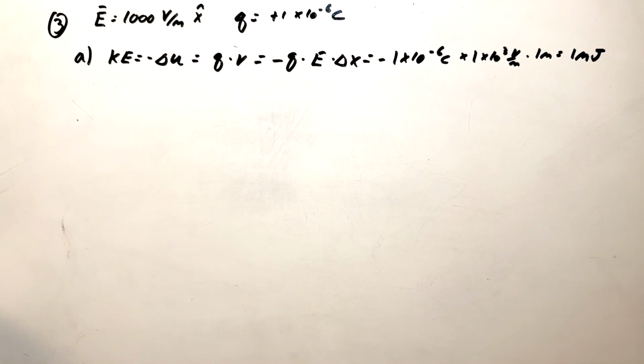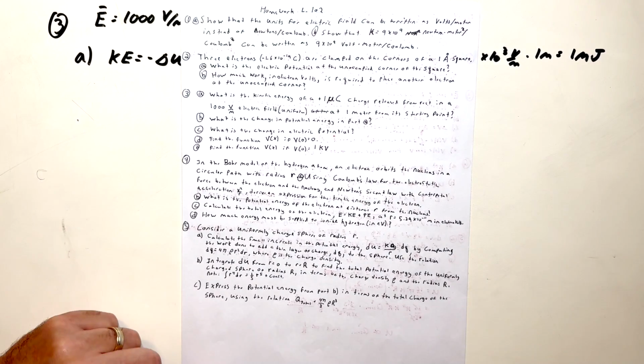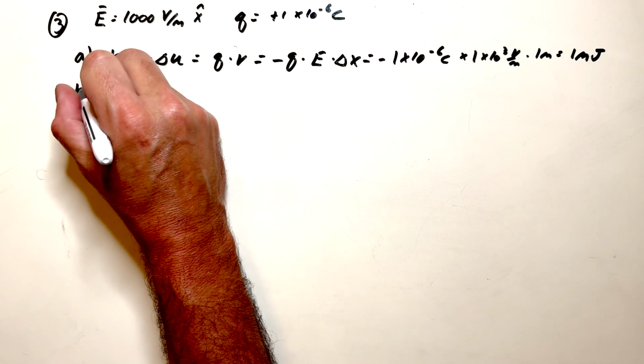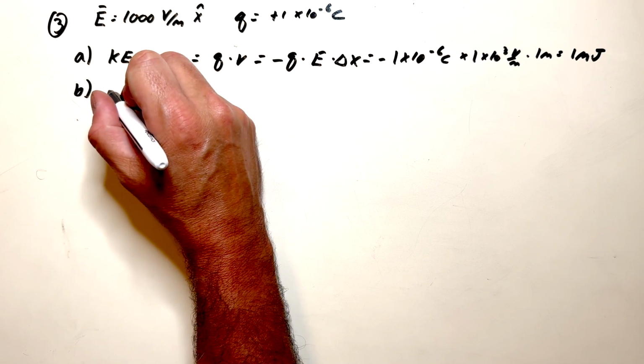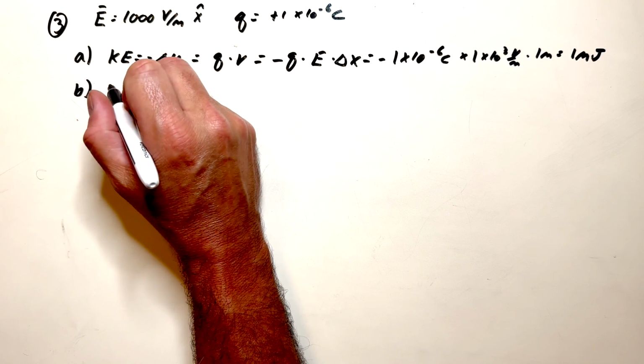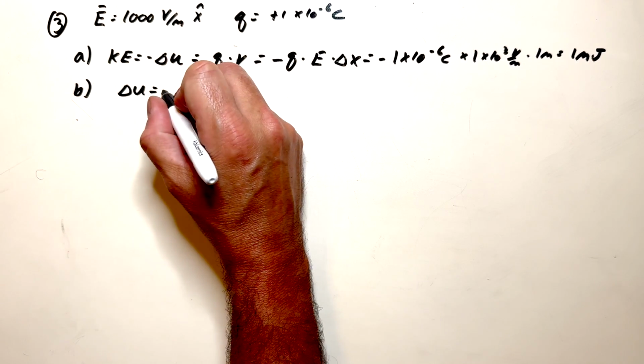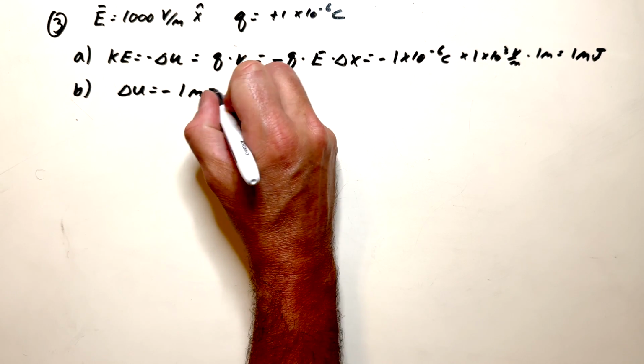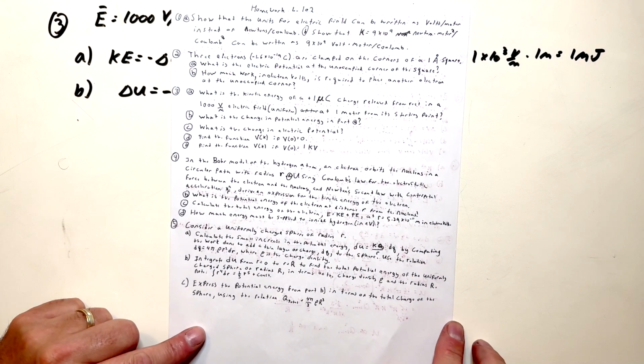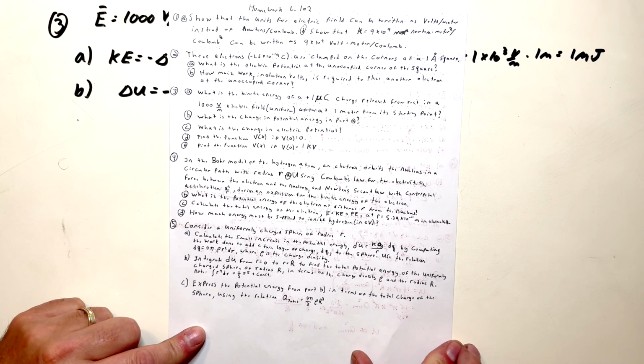Okay, part B says, what is the change in potential energy in part A? Well, that one is easy, because as the kinetic energy has increased, delta U has decreased. So delta U we will write as minus 1 millijoule. Part C, what is the change in electric potential?